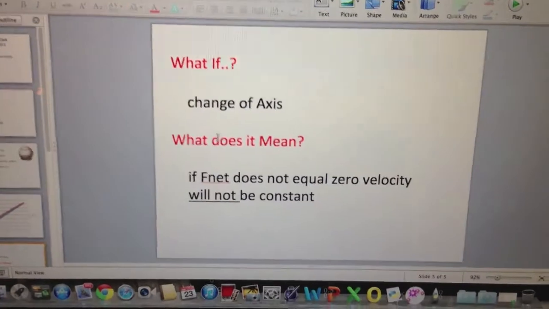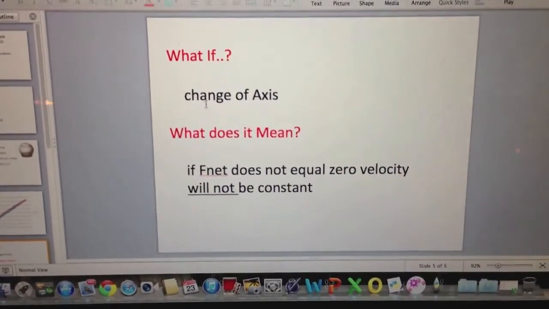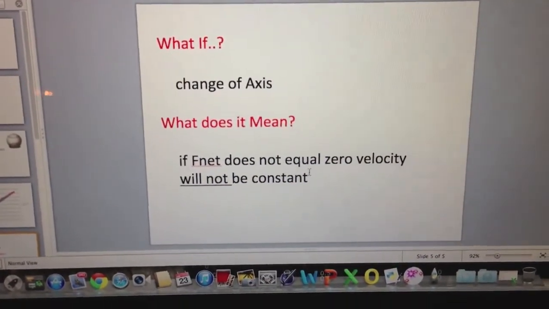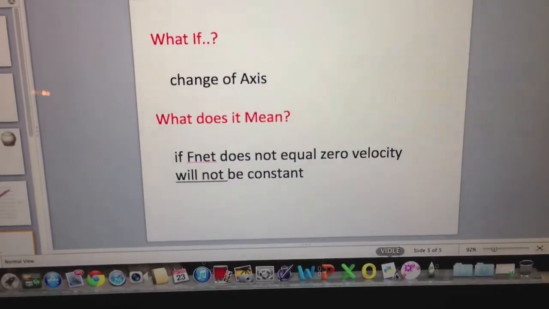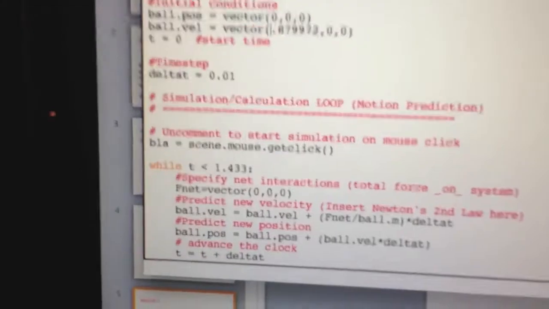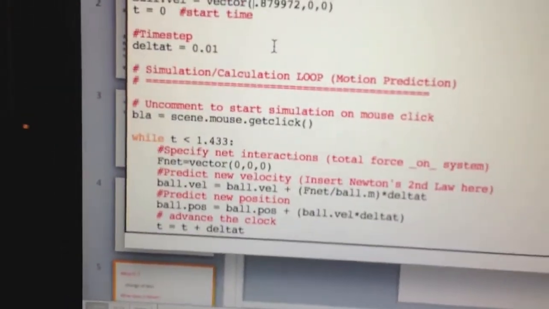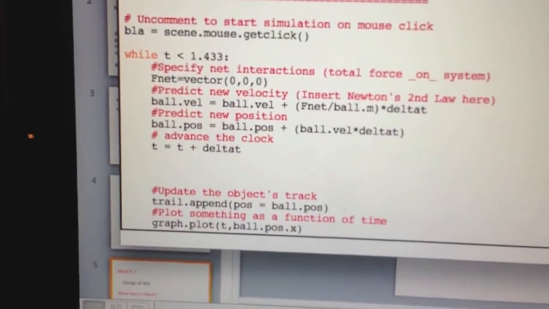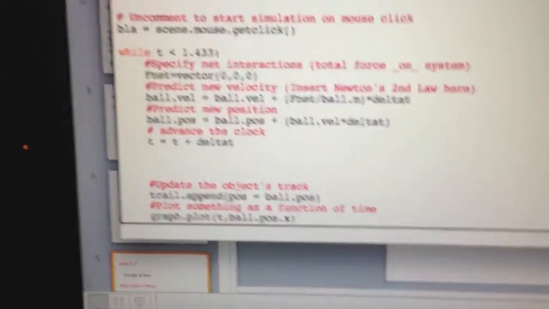Alright, so our what-if question is, what if we change the axes on which our simulation was run? If we go back to Python, we see that in order to change the axes we would change the sign of the velocity.